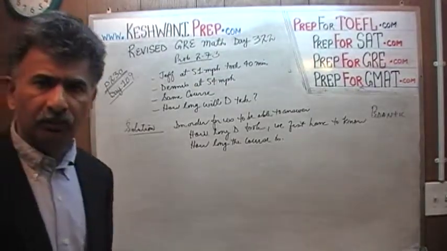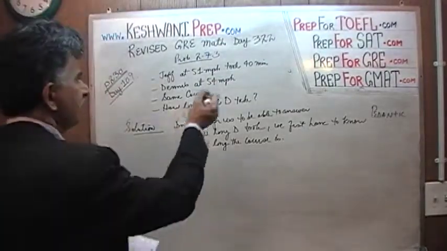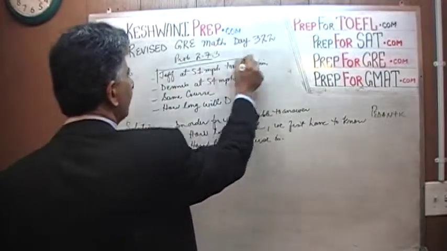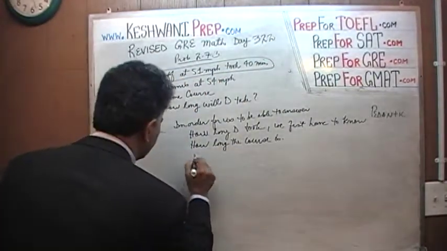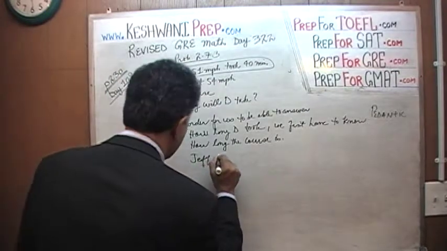So let's find out how long the course is, shall we? We know that Jeff took 40 minutes. We are told that Jeff took 40 minutes at 51 miles per hour.